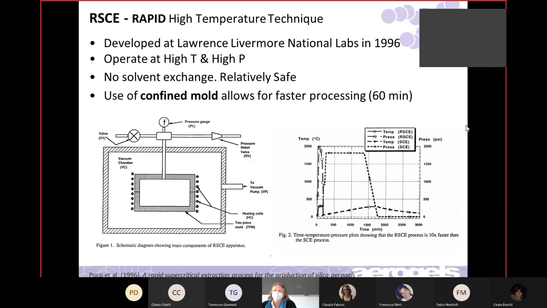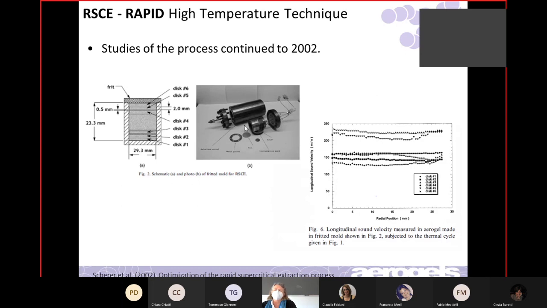Okay, so here's a picture of their mold that they use. And it's interesting because they were working on this process until 2002, and they did some interesting work. This is where they made the aerogel inside this pressure vessel.